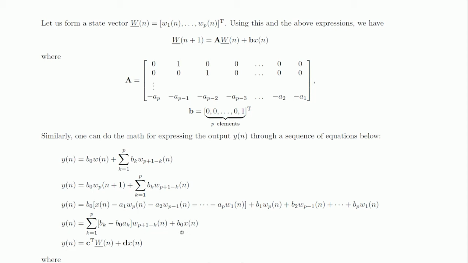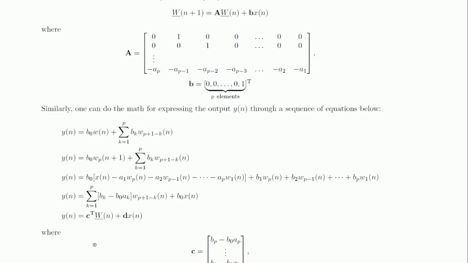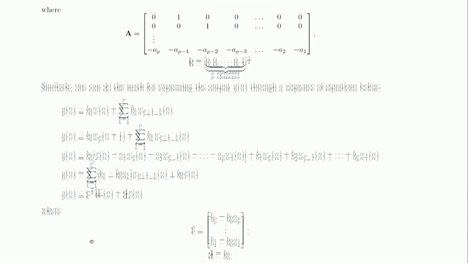Now, b naught x of n is basically a scalar, and the summation can be thought about as an inner product between the state vector Wn and some vector C with p elements that are described as follows.